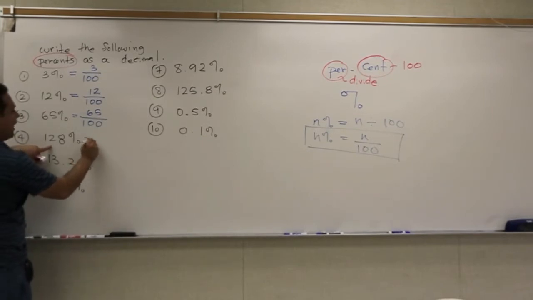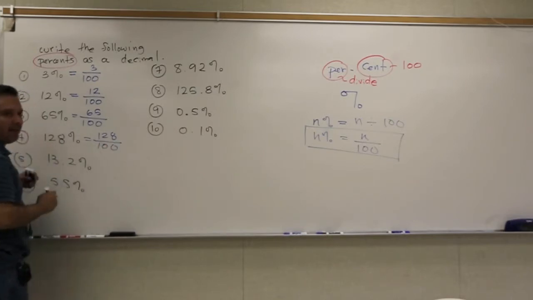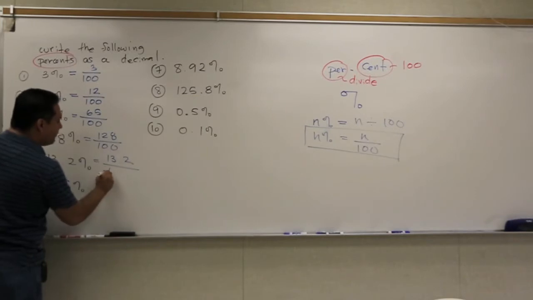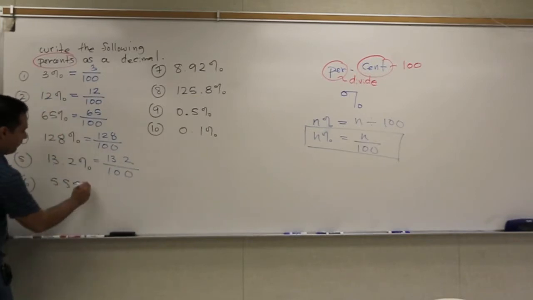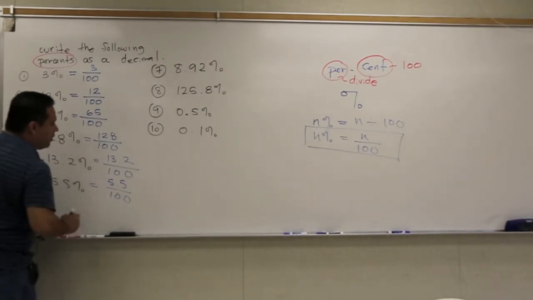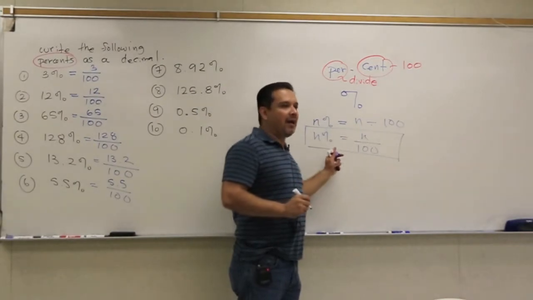You got 128 divided by 100. You guys okay with that? And you got the 13.2 divided by 100. 5.5 divided by 100.